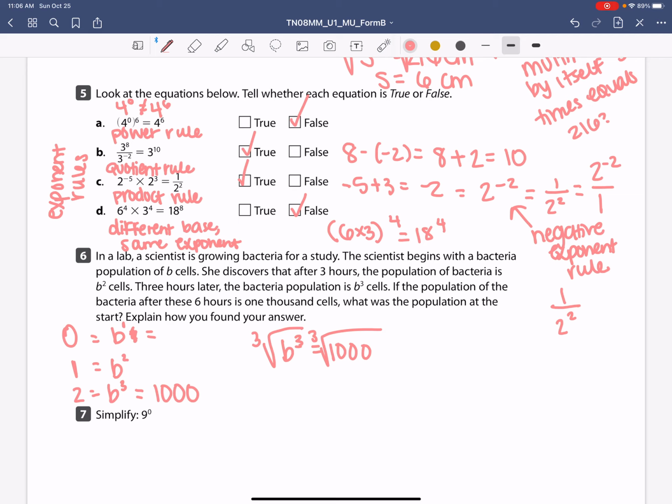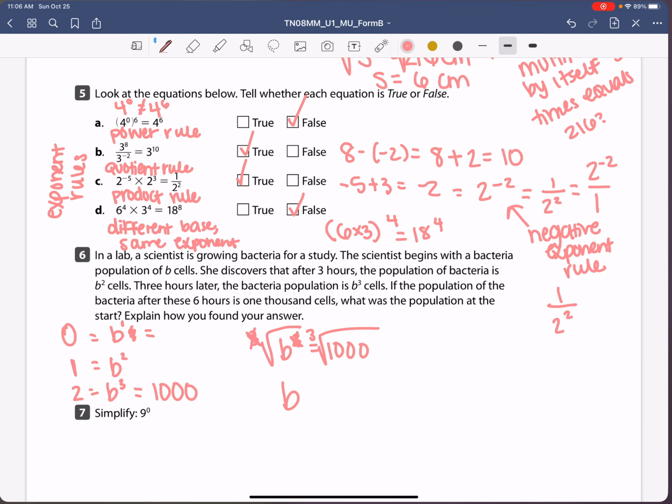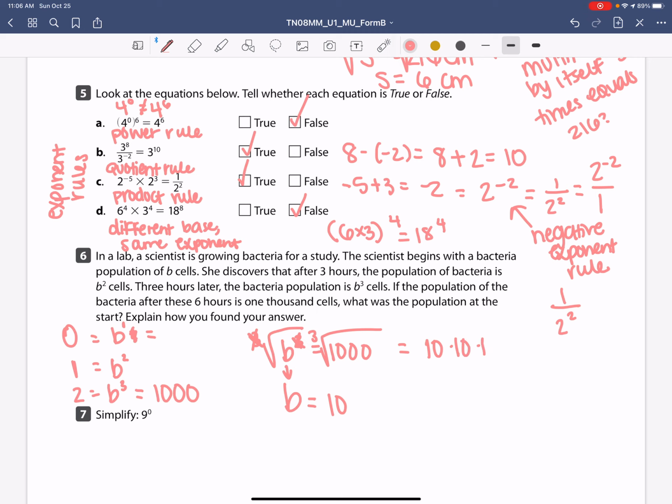The cube root of B cubed is just B, because cubing a number and finding the cube root of a number cancel out each other, and you just drop down your base. And then the cube root of 1,000 is actually equal to 10, because 10 times 10 times 10 equals 1,000.